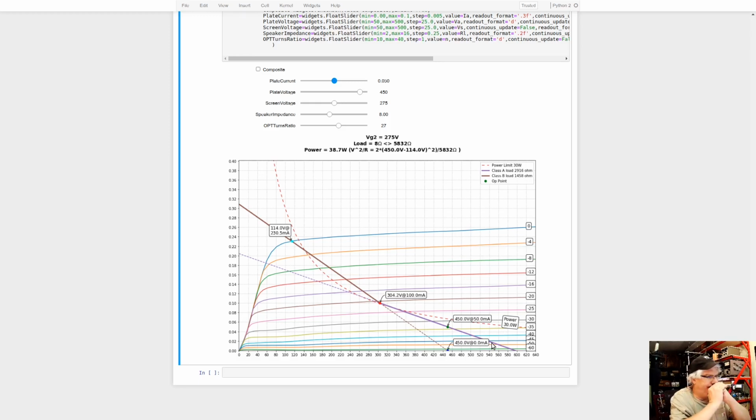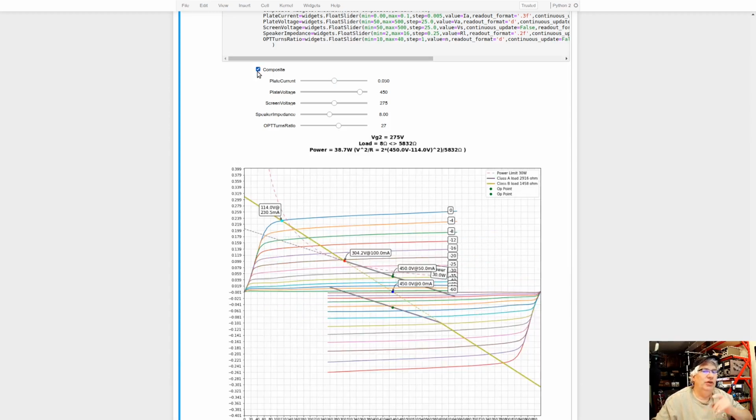When you're designing a hi-fi amplifier, you want matched output tubes. And you want matched output tubes because there's a lot of things you want when you're designing hi-fi amplifiers. On a hi-fi amplifier, you want to cross above the knee.